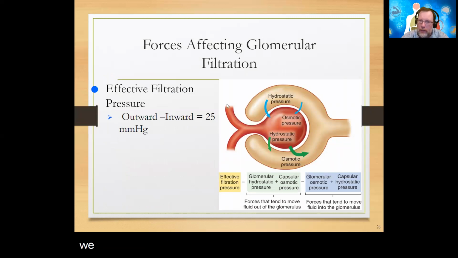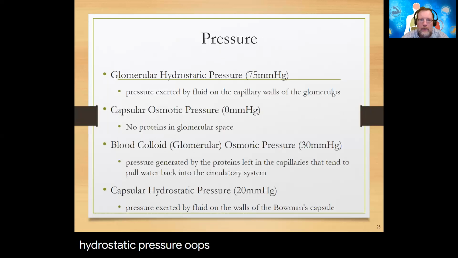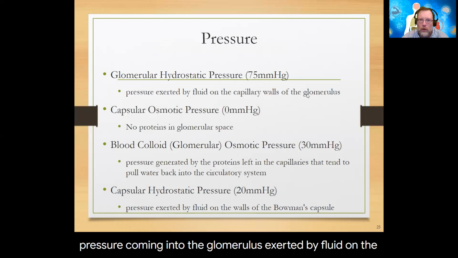So we have a glomerulus and we've got blood pressure or hydrostatic pressure. We would call that glomerular hydrostatic pressure. That's going to be around 75 millimeters of mercury. So this is basically the blood pressure coming into the glomerulus, exerted by fluid on the capillary walls of the glomerulus.